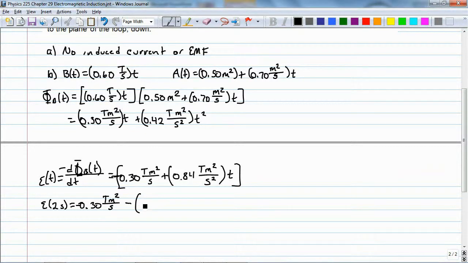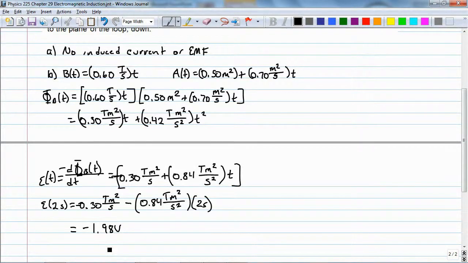So minus 0.84 Tesla meter squared over second squared times 2 seconds. And when I calculate that out, I get just about negative 2 volts, 1.98. So Tesla meter squared per second is the unit for volts or potential.